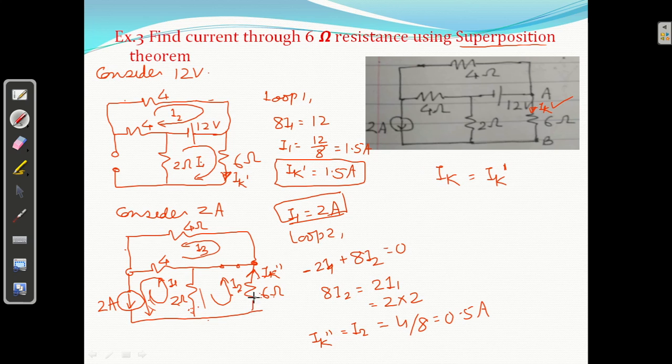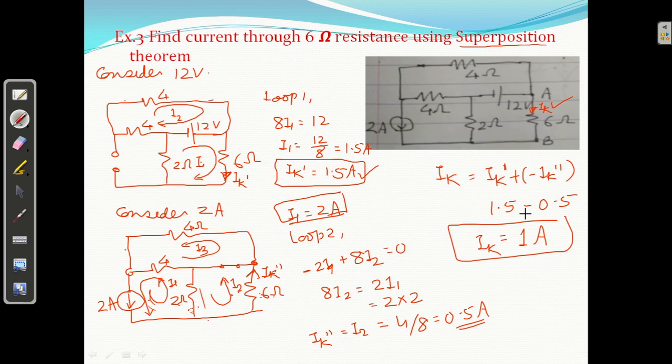But IK double dash direction I had taken upward, right? So यहाँ क्या होगा? As per rule it is sum, but it is minus IK double dash. What is IK dash? I got 1.5, minus IK double dash कितना है? 0.5. So minus 0.5 equal to 1 ampere.